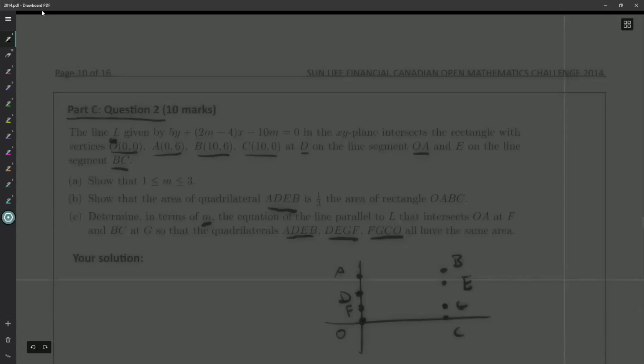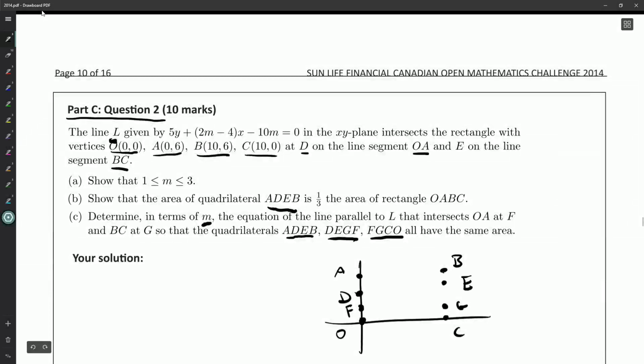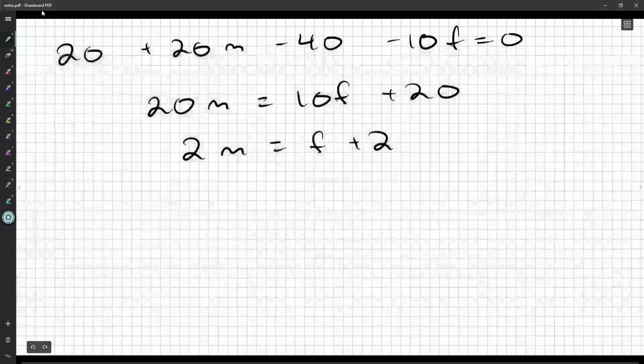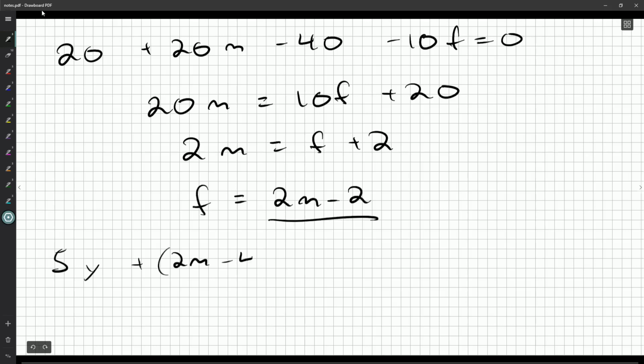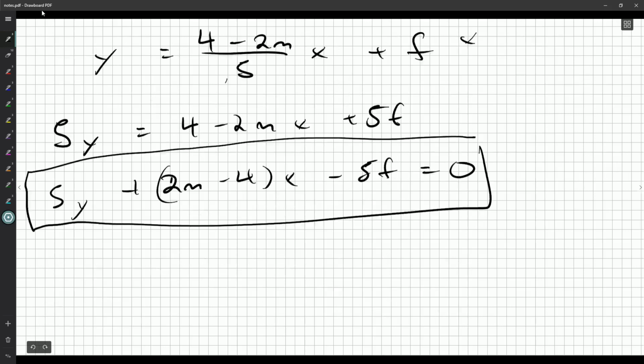Okay, and what are we actually trying to figure out? Determine in terms of m the equation of the line L. Okay, I thought I had to solve for an m. I don't. So we really just need that f there. So f is equal to 2m minus 2. So that should suffice. So what's the equation of the line? Well, it's 5y plus 2m minus 4x plus, now, oh, it was minus.